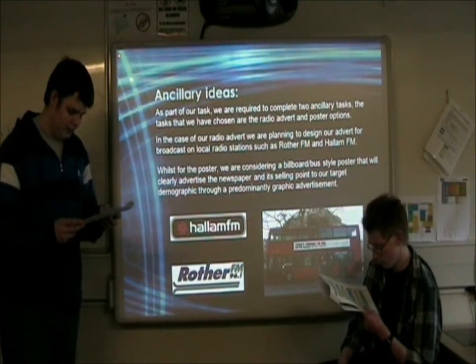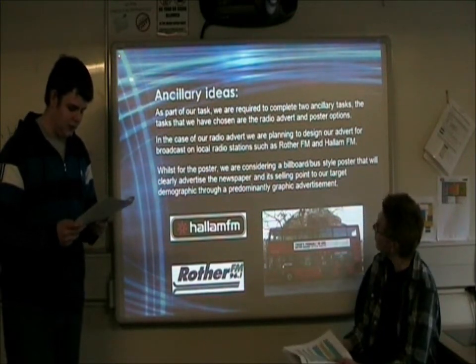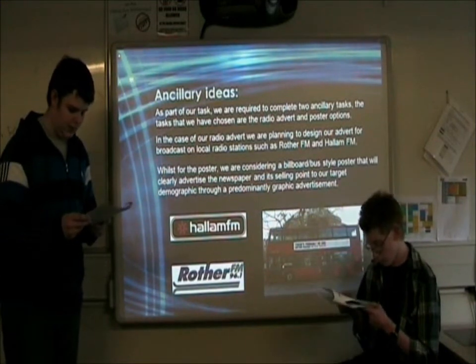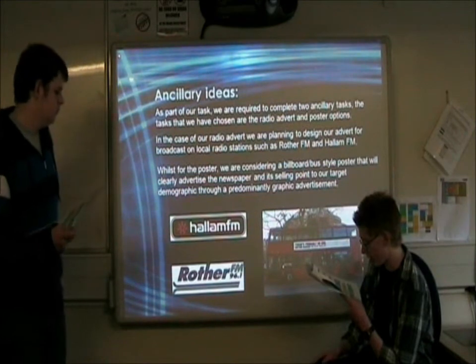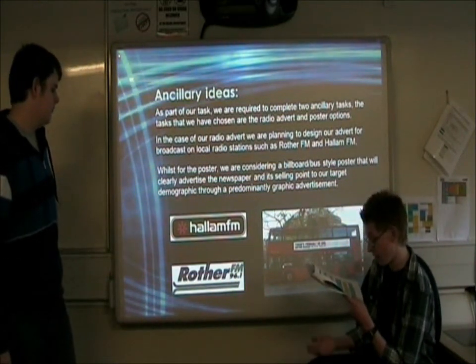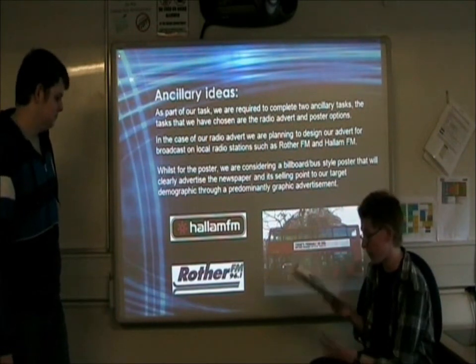The reason being that the majority of our demographic, being working class, will often be driving to work and listening to the radio, and as such, the majority of the demographic will be aware of our newspaper's existence and selling point through this medium. Also, the poster, we're considering a billboard or bus style poster, and this will clearly advertise the newspaper and its selling point to our target demographic through a predominantly graphic advertisement.